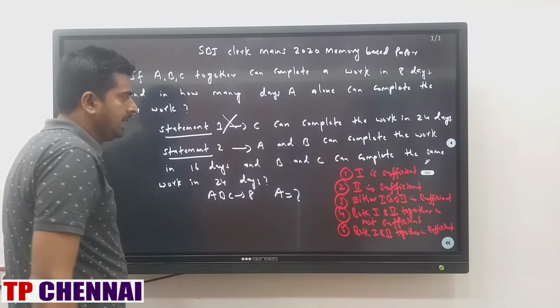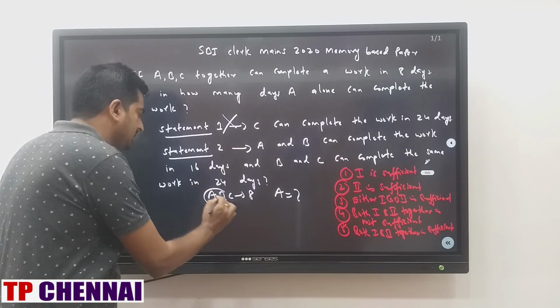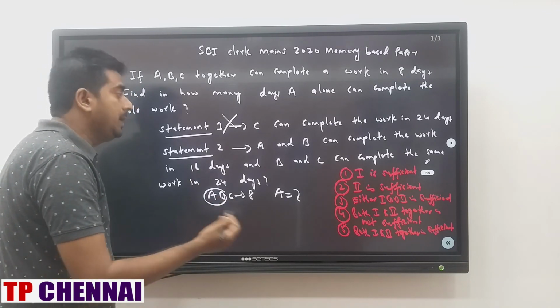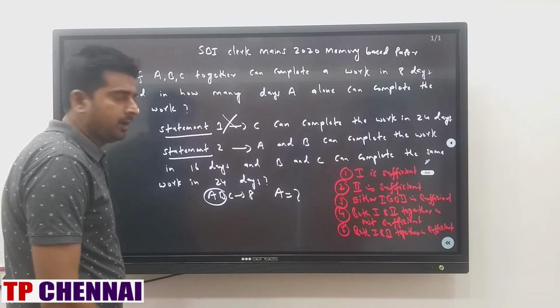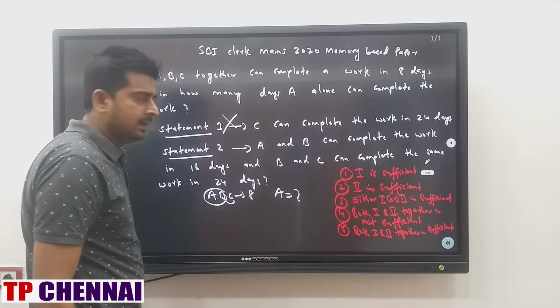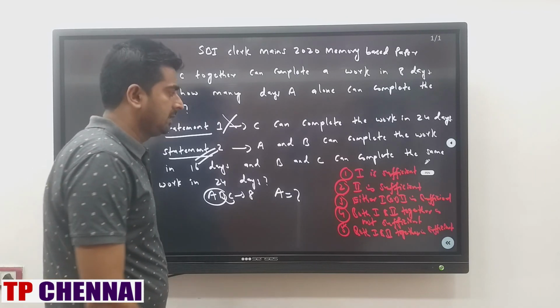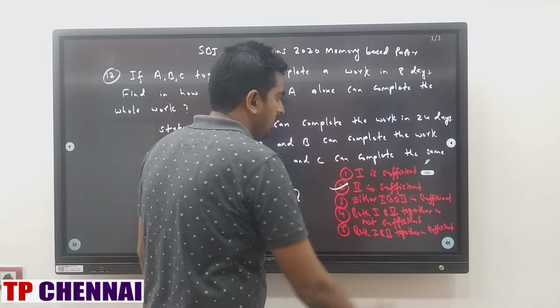Come to the second one. A and B can complete the work in 16 days. If you keep A and B here as 16 days, you will get C. And B and C can complete the same work in 24 days. If you keep B and C here as 24, you will get A. That is what they are asking. That means statement 2 alone is sufficient to answer the question, so your answer is the second option.